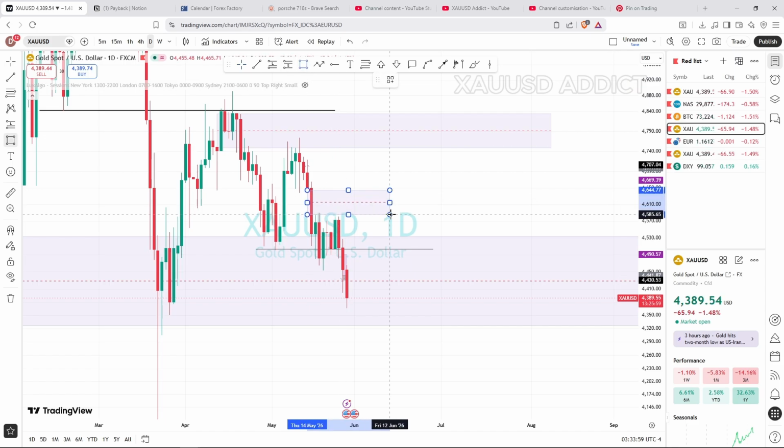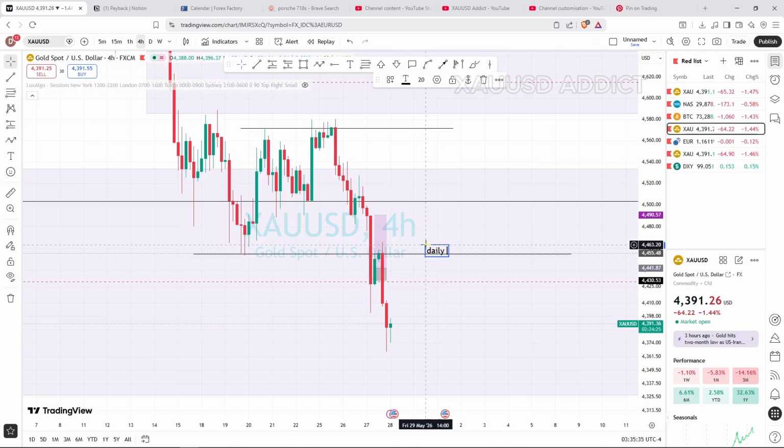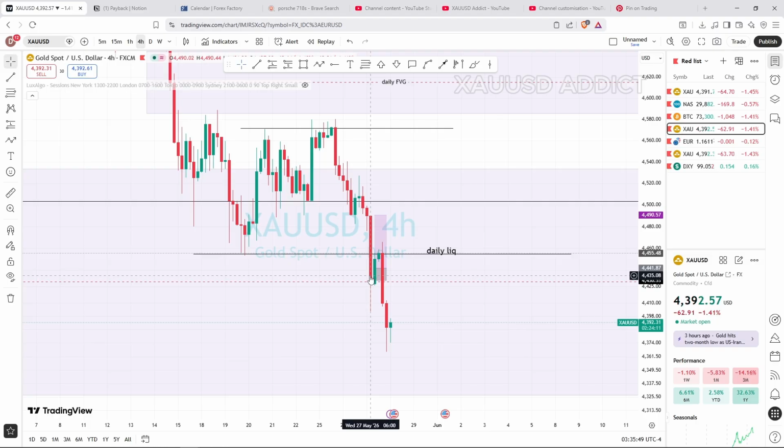Because at this zone we had a daily fair value gap liquidity. It had already swept it, but then you can see the magnitude and momentum, the selling pressure that was here. So you can't just enter anyhow and start buying. You have to wait for good confirmations, otherwise you will be stopped out.